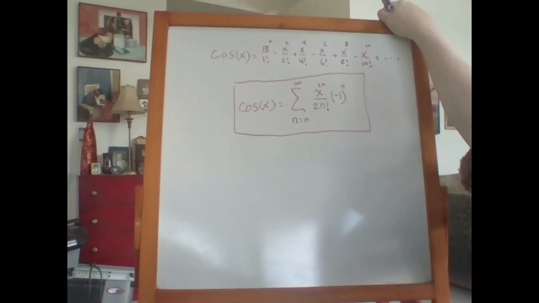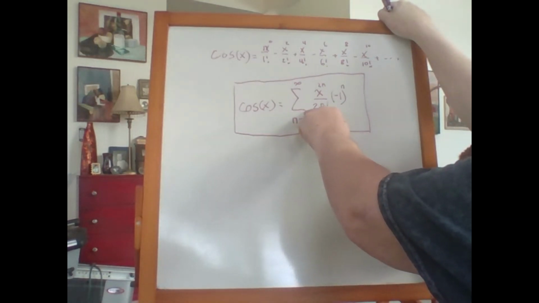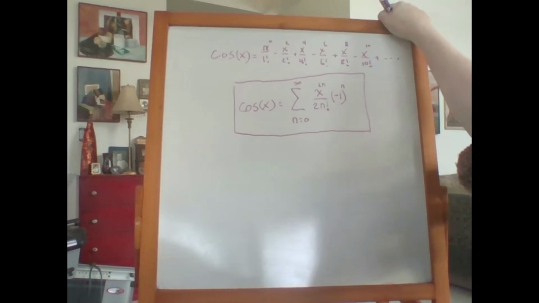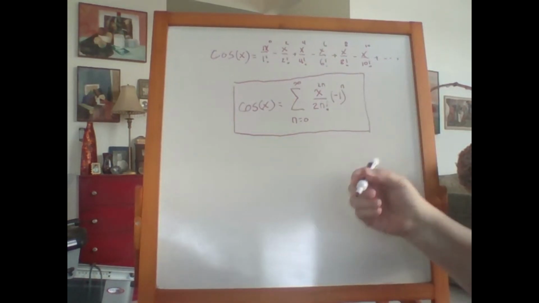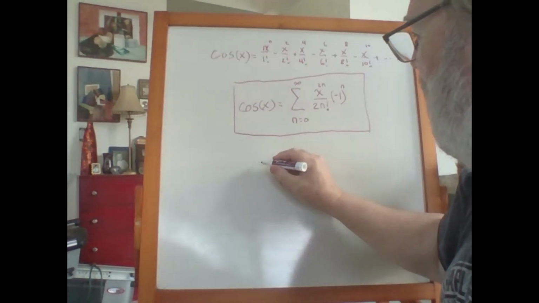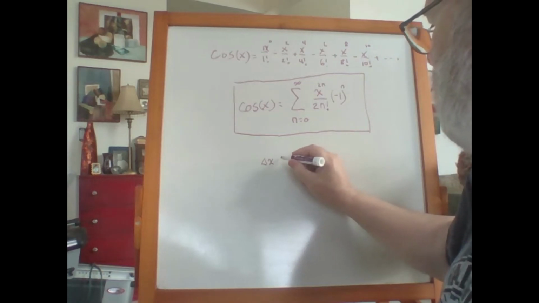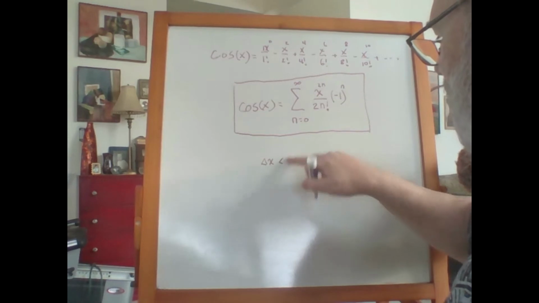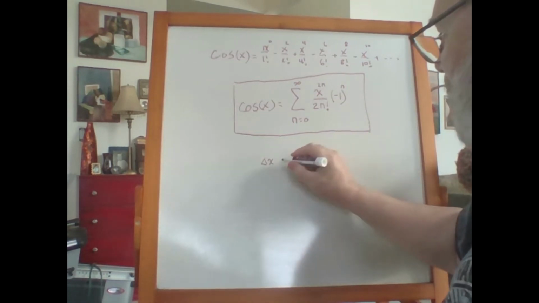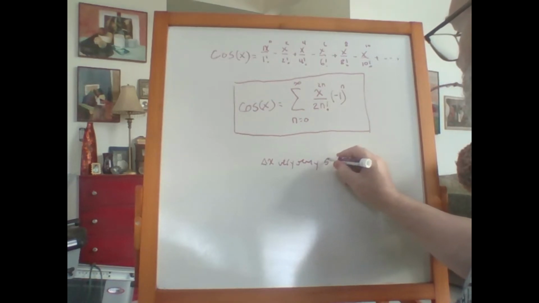So there we go. That's the cosine function expressed as an infinite series, and this is called the Taylor series. And often, when you're talking about real small numbers, when we're talking about delta x's that are very, very small.